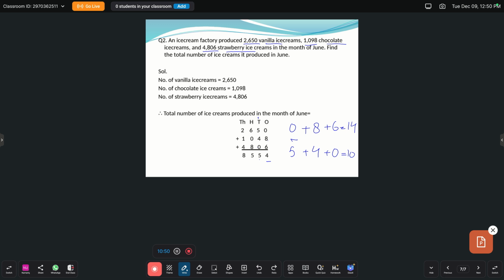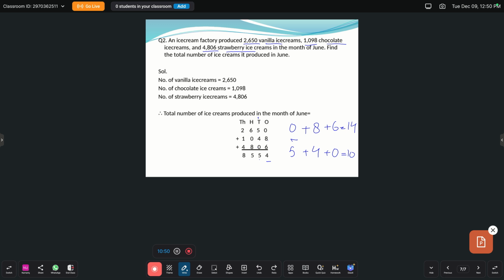Okay. So the first addend here in hundreds column we have 6. Then we have second addend 0. Then we have third addend 8. So 6 plus 0 is 6, and plus 8 it is 14. 14 and plus 1, it becomes 15.